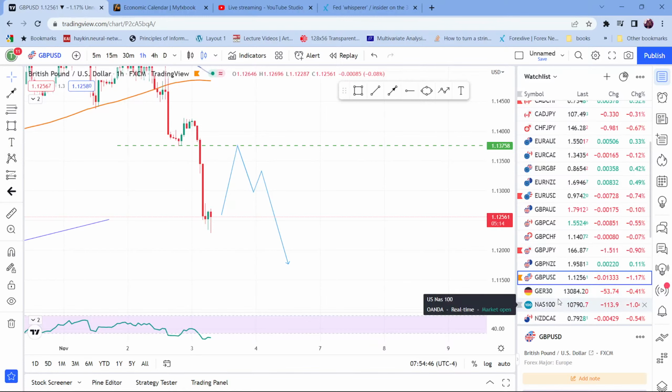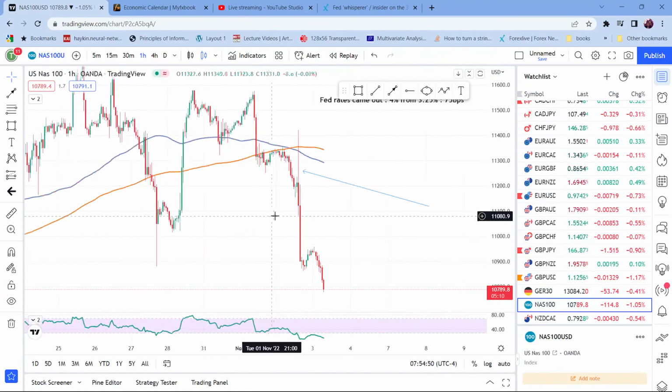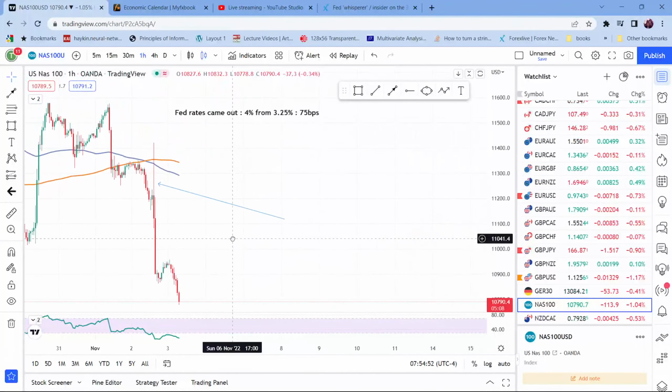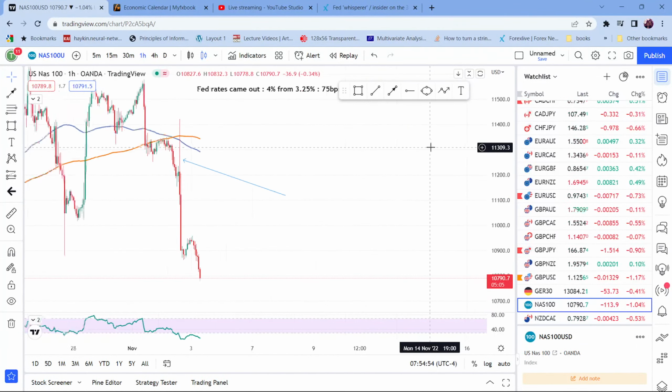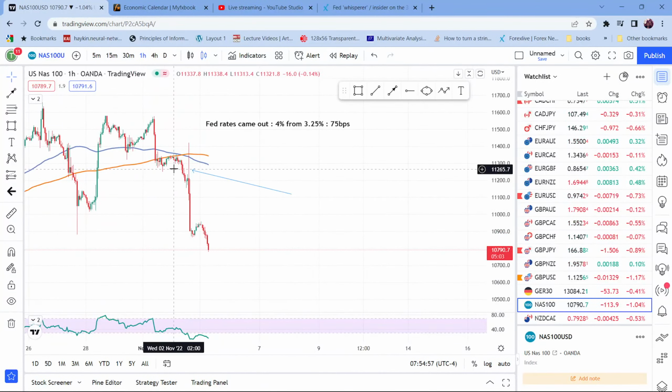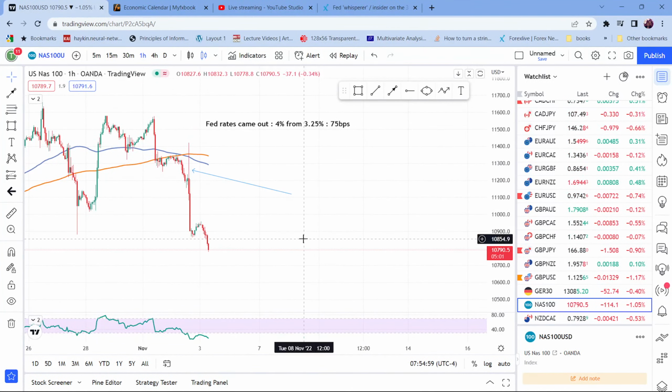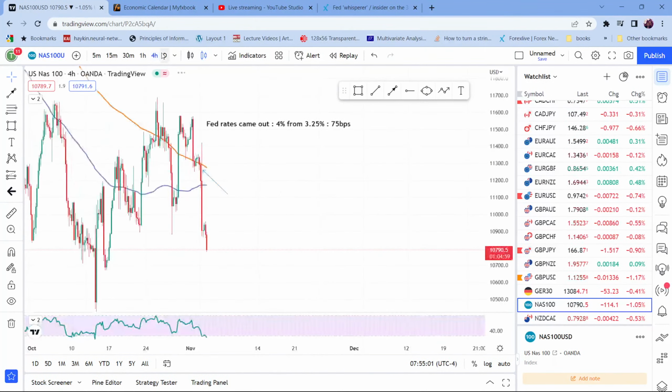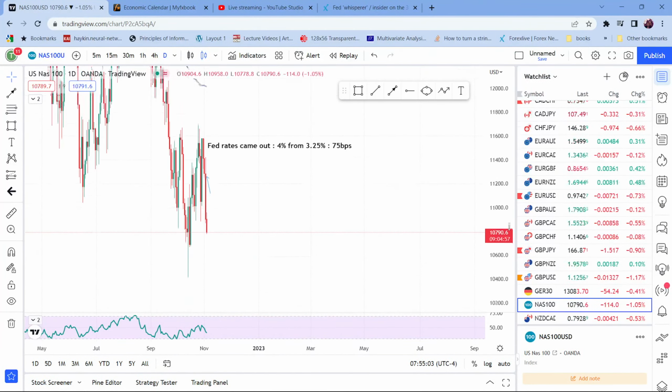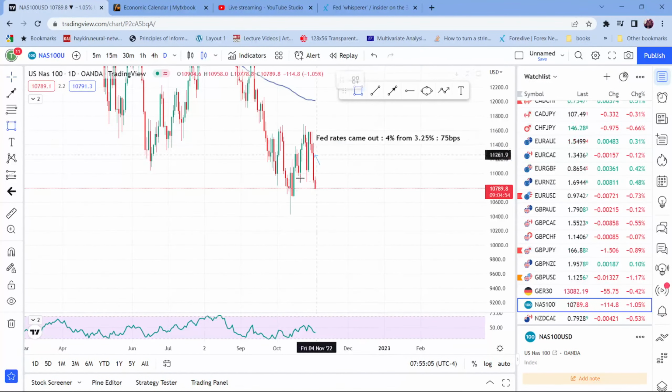The only other thing that I could think of to take possible setups on is probably the indices too, looking for pullback opportunities from this. You could possibly get a pullback opportunity. Let's see, on the daily, coming back down into these zones here.